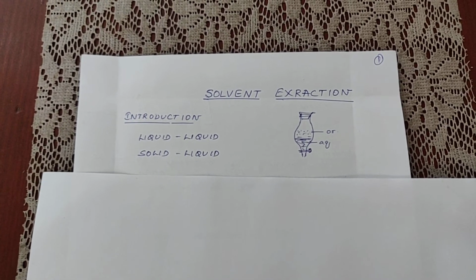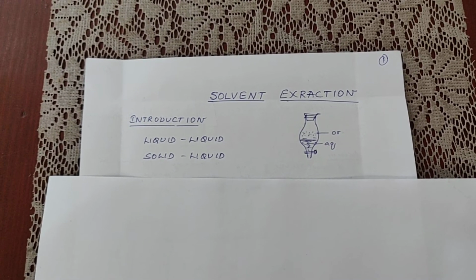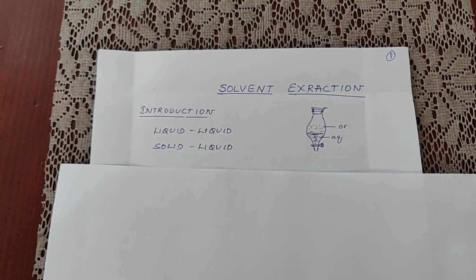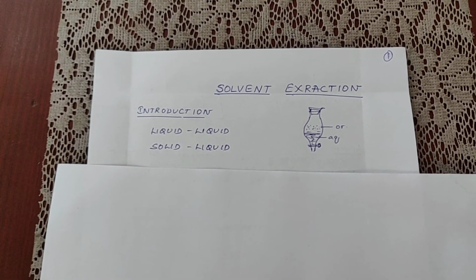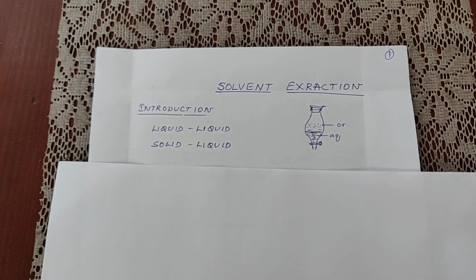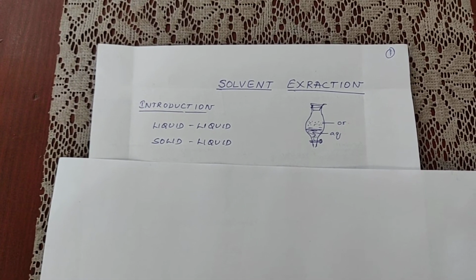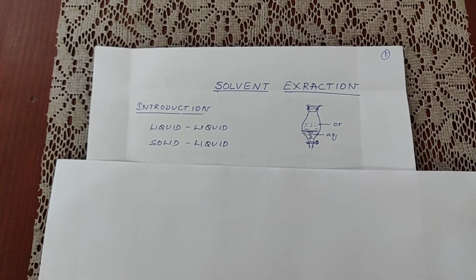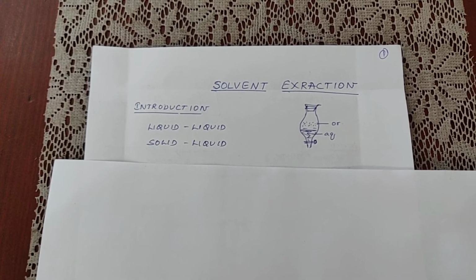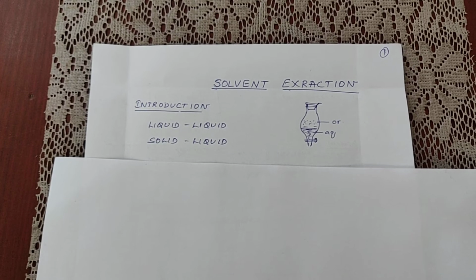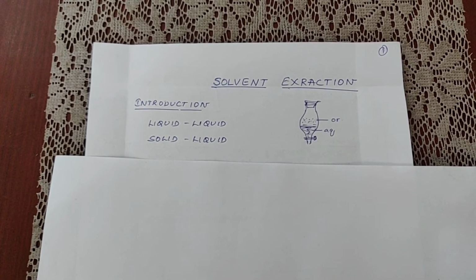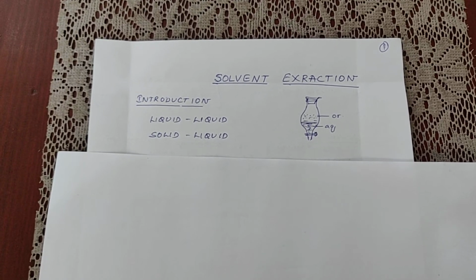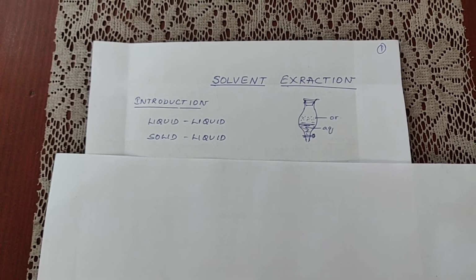This distribution is not uniform. If we are dealing with an organic compound, the organic compound would like to stay more in the organic phase, and if we are talking about ionic compounds, the ionic compounds would like to stay more in the aqueous phase. Depending upon what we are extracting, the solute will have more preference towards the respective solvent.